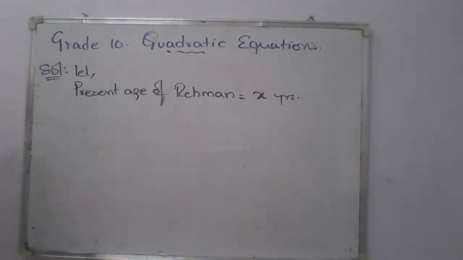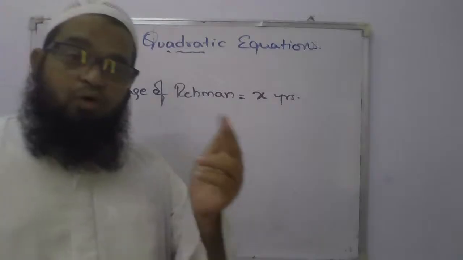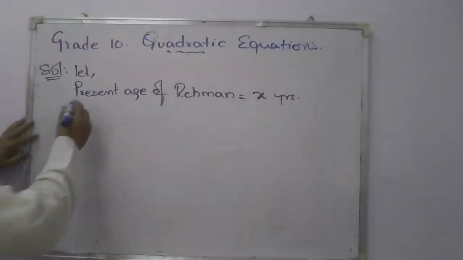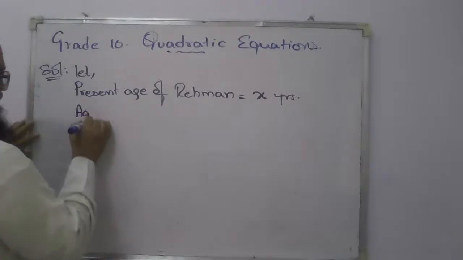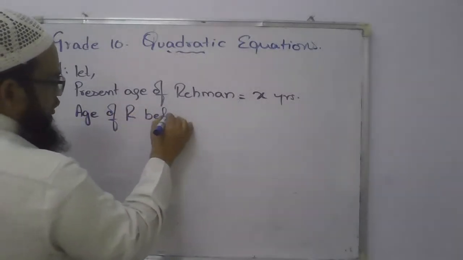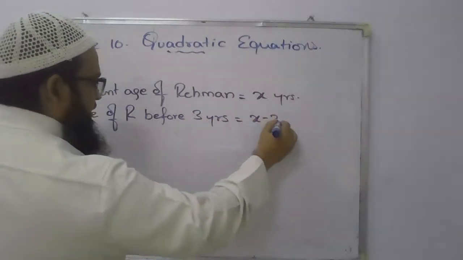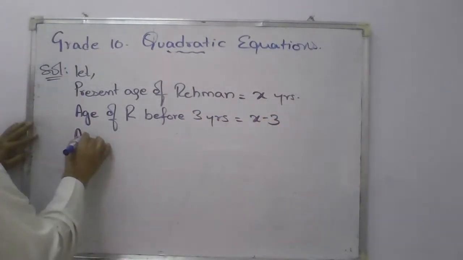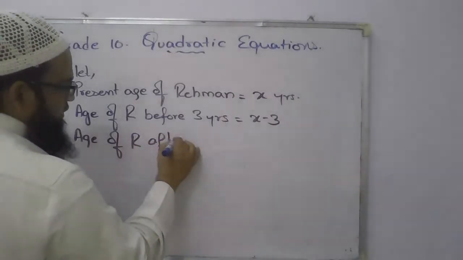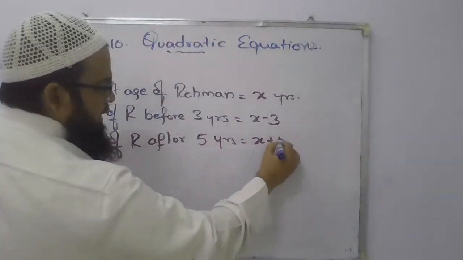And what is the situation he has given? Before 3 years and after 5 years. So the age of Rahman before 3 years will be x minus 3, and the age of Rahman after 5 years will be x plus 5.